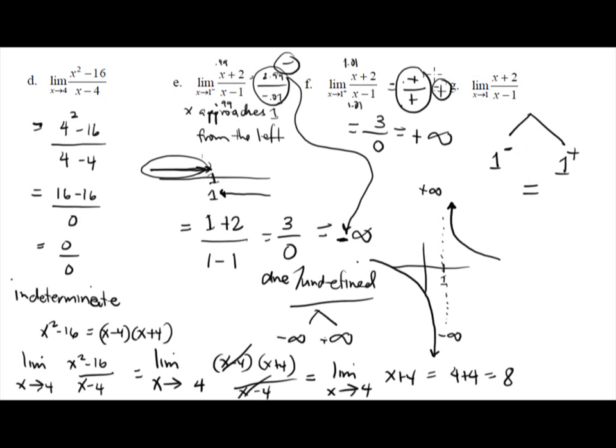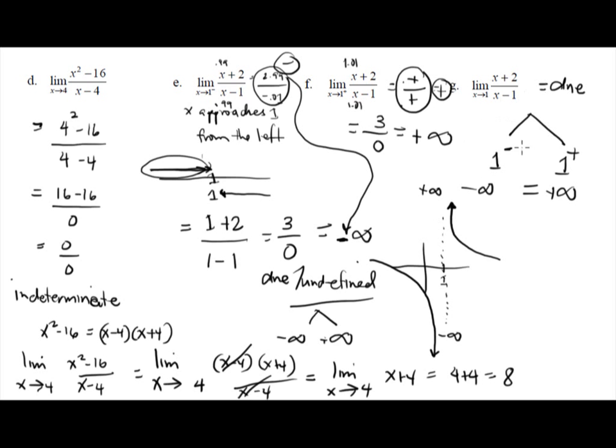We already did that in E and F. 1 from the left is letter E, 1 from the right is letter F. The result of letter E is negative infinity. The result of letter F is positive infinity. So they're not going in the same direction. So the limit of this does not exist.